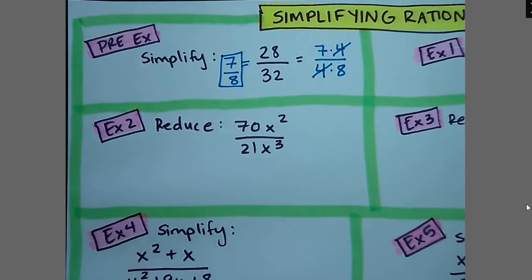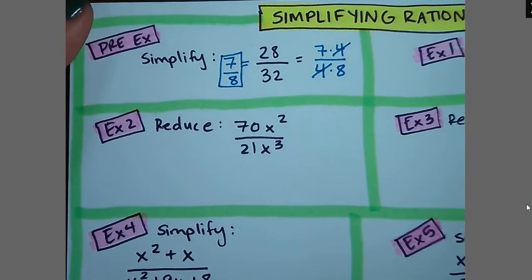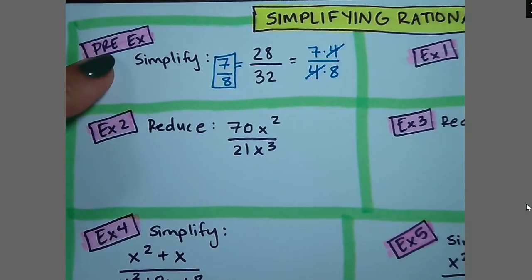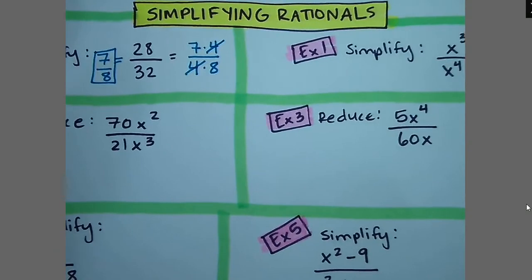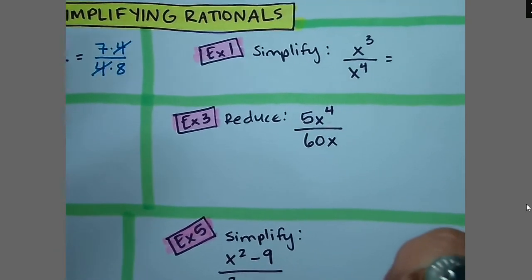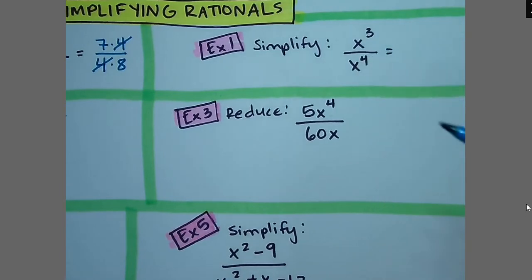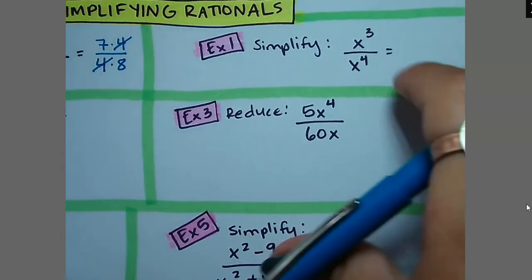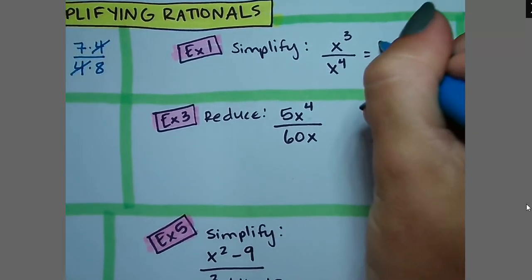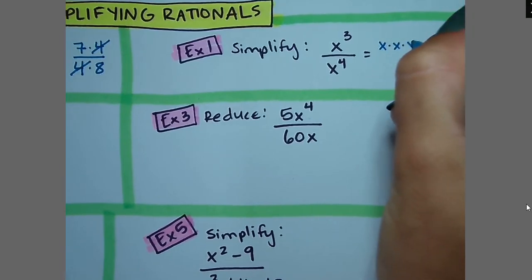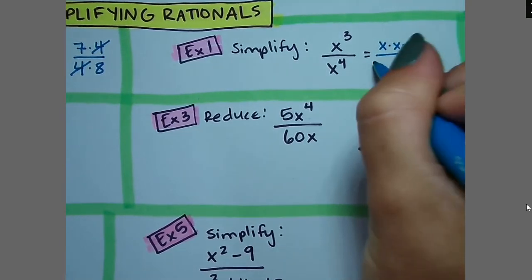Okay, so let's move on to a slightly more complicated example, but not too bad. I call this a pre-example because it's not actually what we're doing today yet, but you'll see. Example number 1, simplifying x to the third divided by x to the fourth. So on top, we have 3 x's, and on the bottom, we have 4.